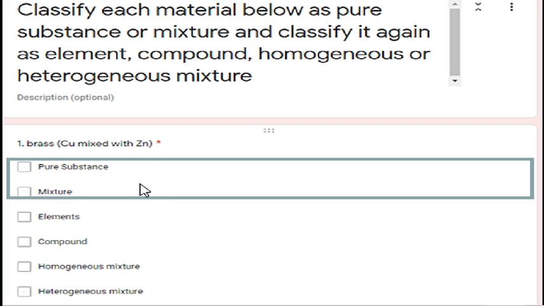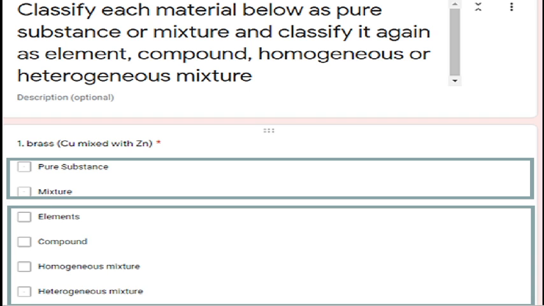You will only choose one between pure substance and mixture. And then you will answer this one: if that is a pure substance, is it an element or a compound? If that is a mixture, is it homogeneous or heterogeneous? So each number corresponds to 2 points. Okay?